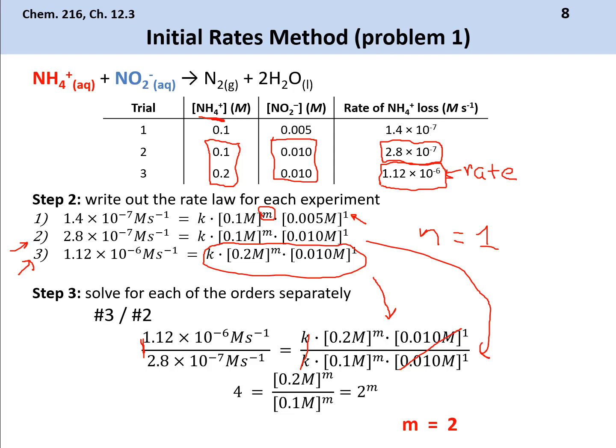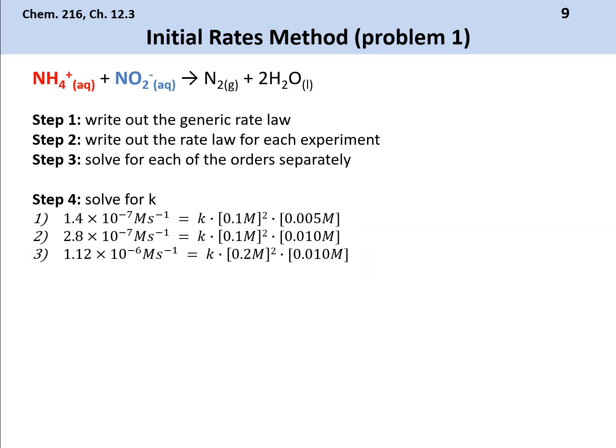So now I have my 3 equations, and I can simplify these to this. Notice earlier I put a 1 here. That 1 I usually just leave off because it's not important. Now I can use these equations to find my k.